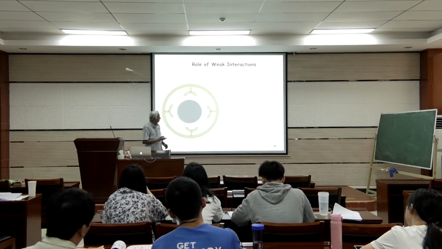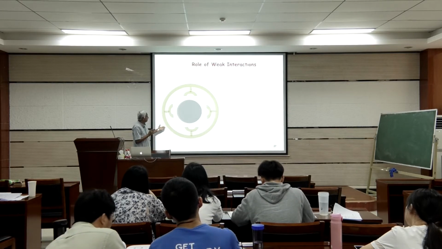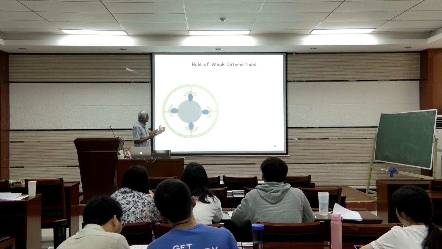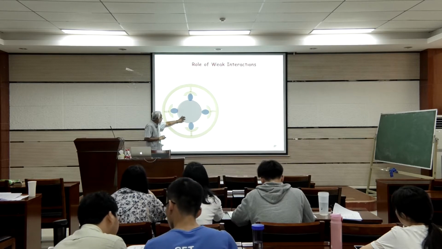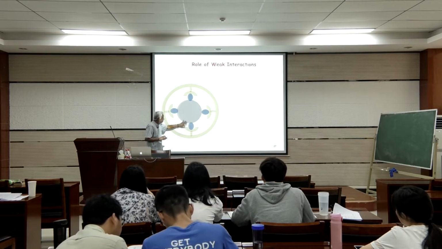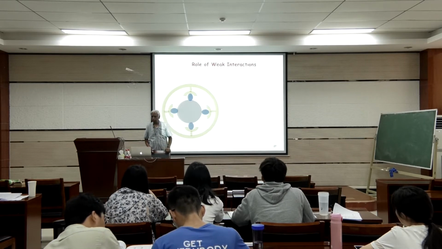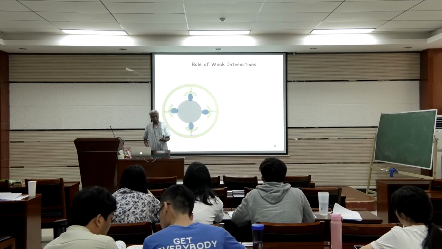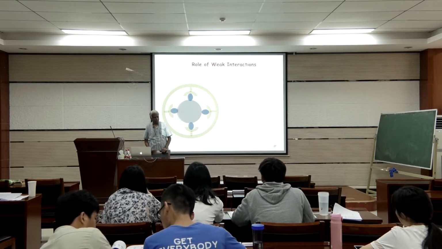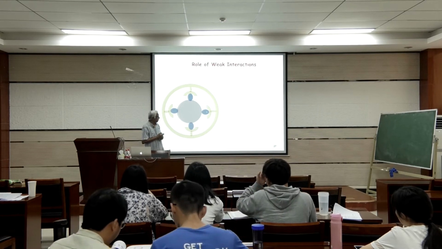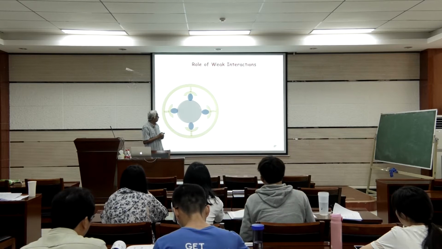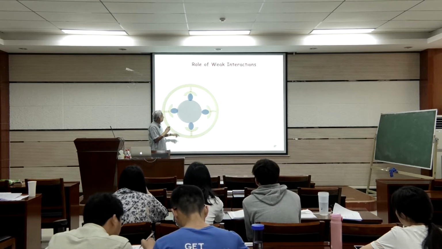You can have various structures which can push the molecule, for example, hold the molecule inside, and these things are weak interactions. These are not covalent bonds. Covalent bond means you have to do a lot of synthesis. So these are some weak interactions that are holding this molecule inside the container.